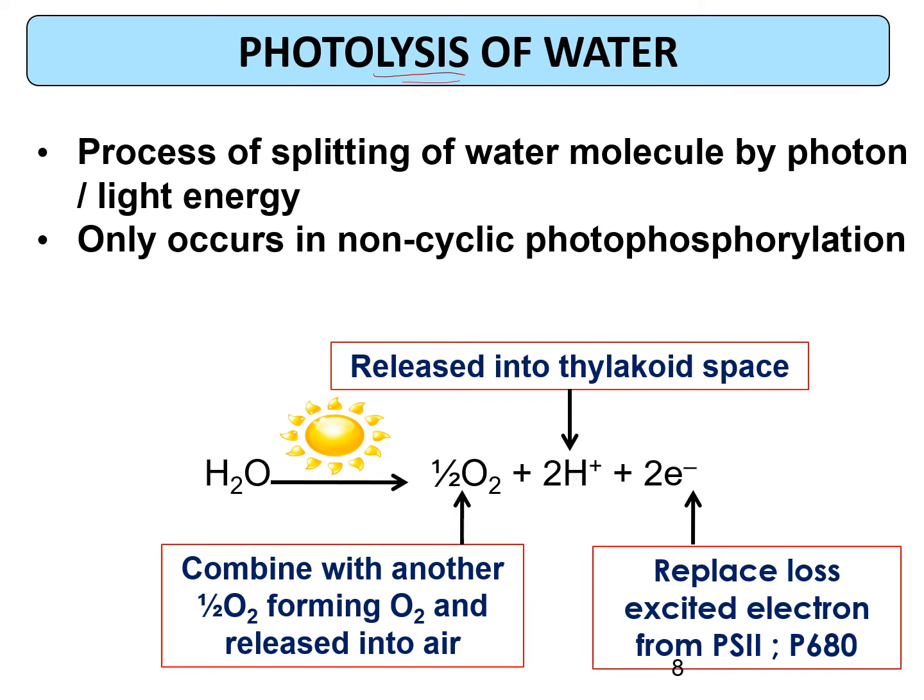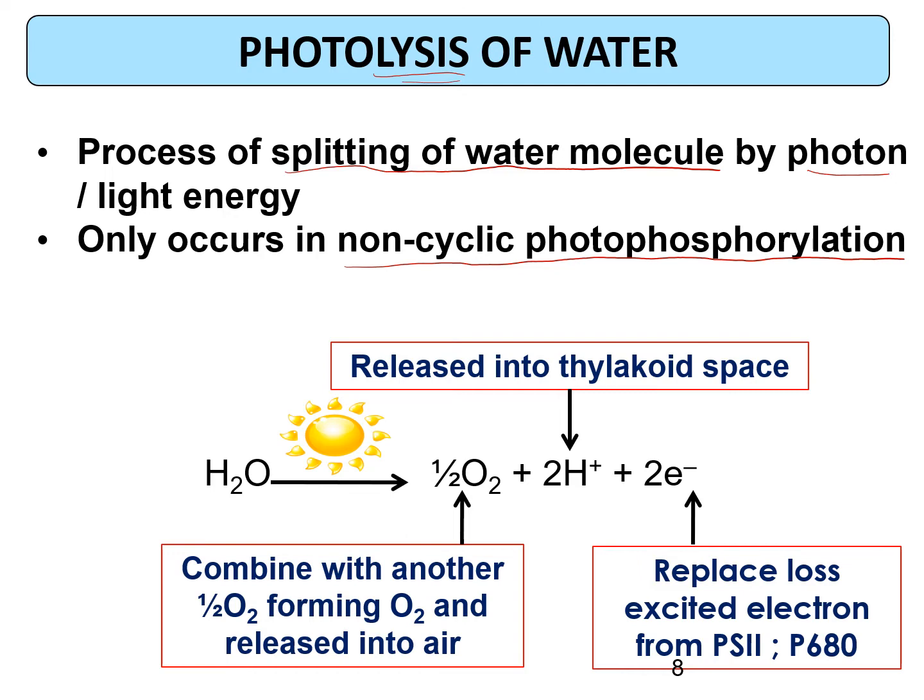Photolysis of water is a process of splitting of water molecule by photon. Photon is the energy, so the energy is enough to split the water. Photolysis of water occurs only in the non-cyclic photophosphorylation. It does not happen in the cyclic.